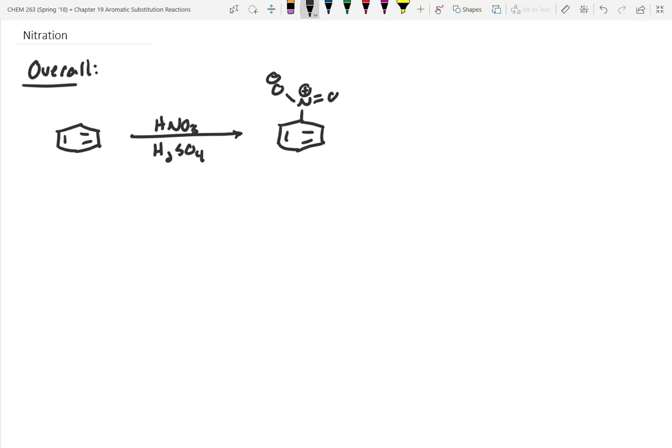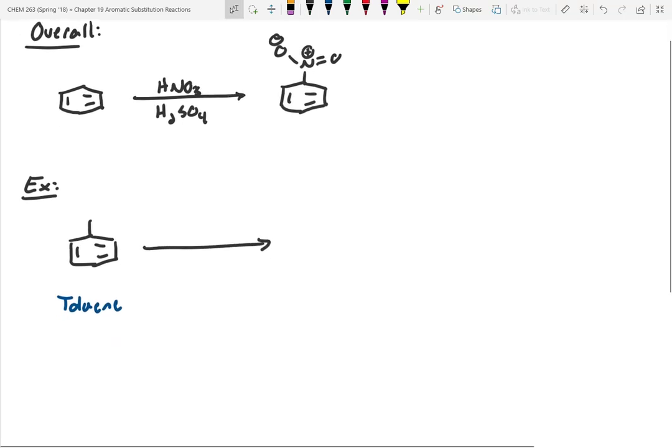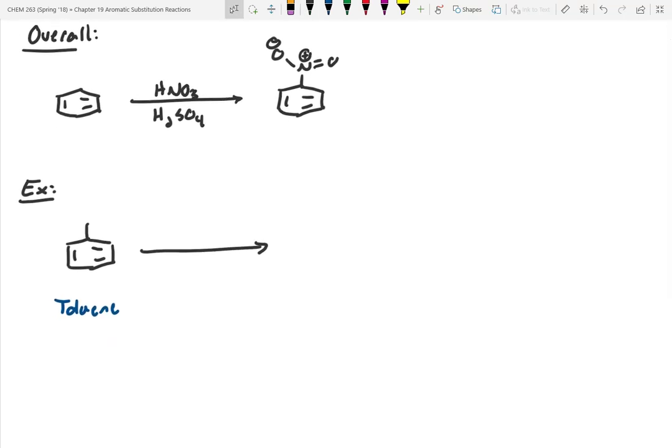And let's take a look at why this is a common or famous reaction. And I'll show you the most standard example. What's this called? Toluene. What they found in the 1800s was you could take toluene, which is found just in petroleum refining.